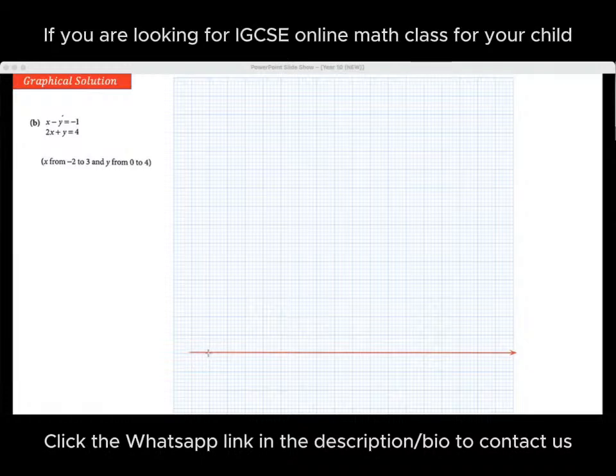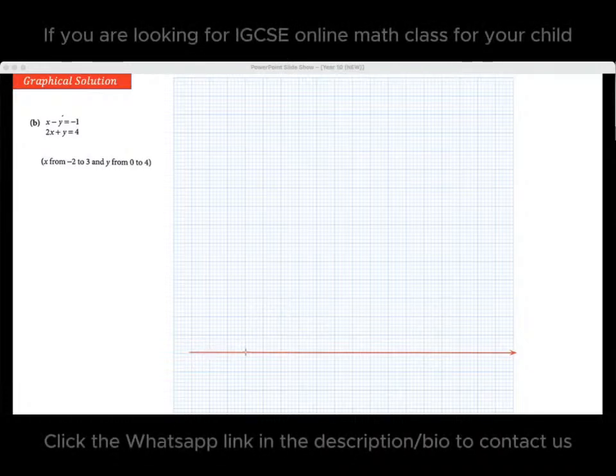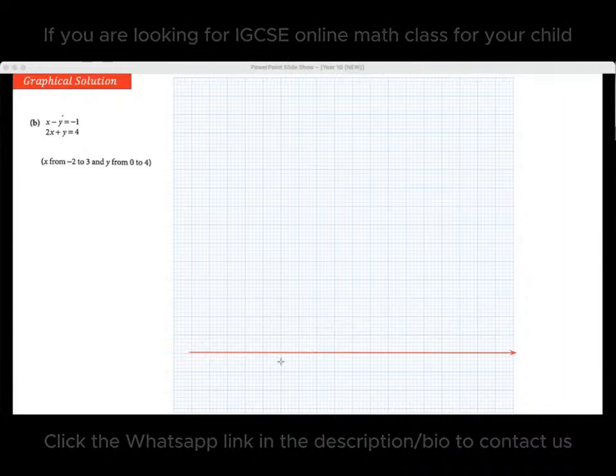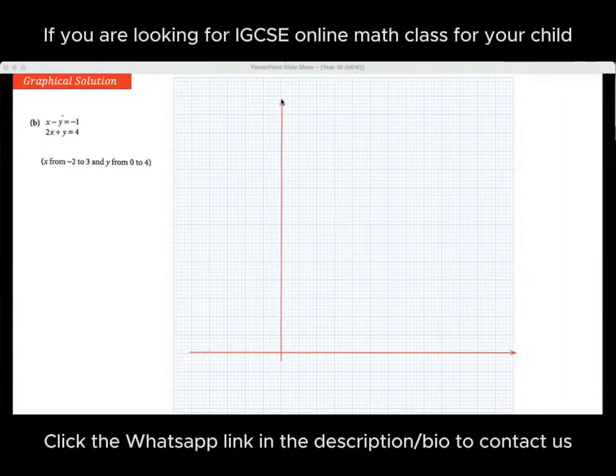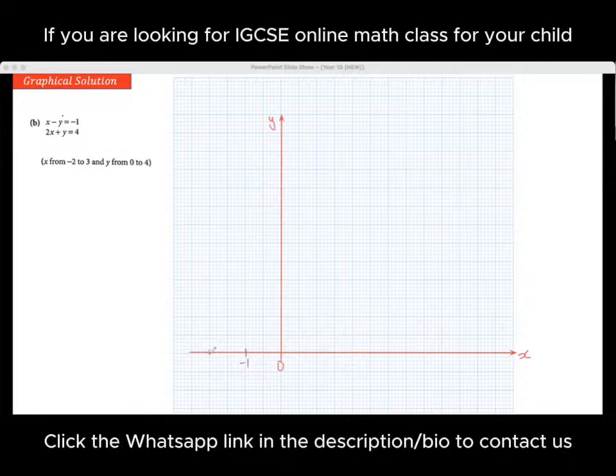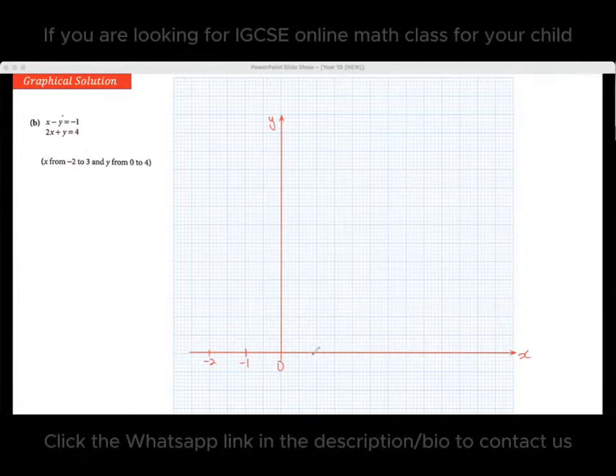I will say -2, -1, 0. So this is y, this is x. I'll try to make it as big as possible. It will make my life easier when I try to get some reading.